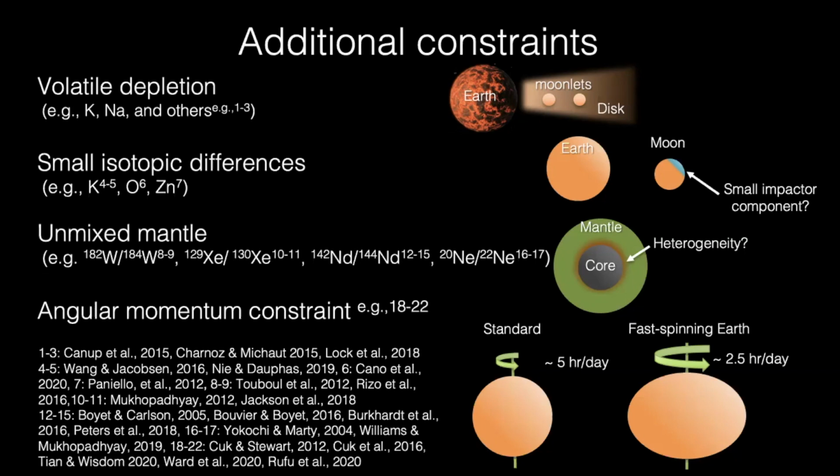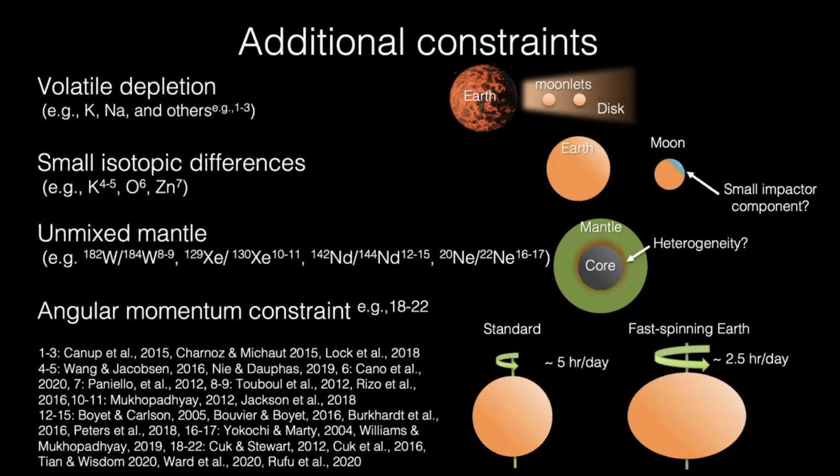The third one is the unmixed mantle. Geochemical studies indicate that the Earth's mantle was never mixed. So here is the list of isotopic systems, and some of them may have formed after the moon-forming impact, while some of them formed prior to the moon-forming impact.